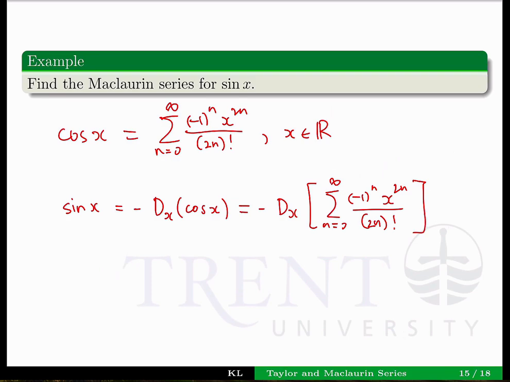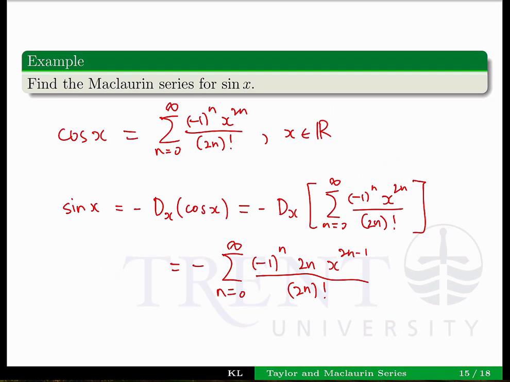If we get the derivative of this, we have the sum from 0 to plus infinity of negative 1 to the n times 2n x to the 2n minus 1 over 2n factorial.